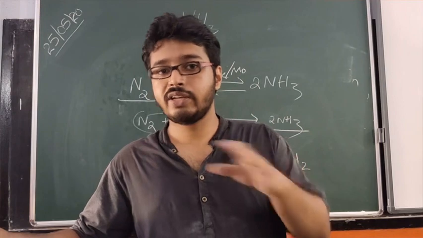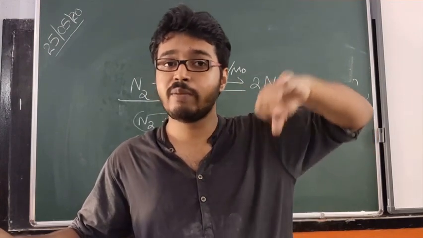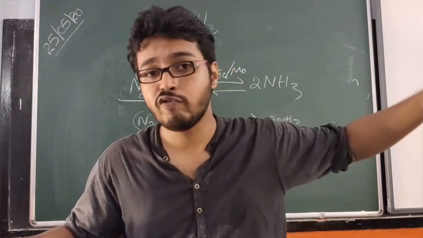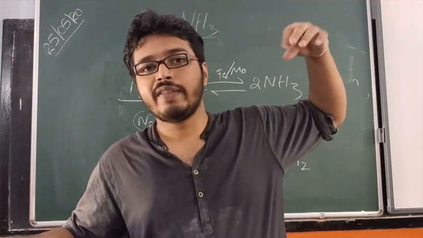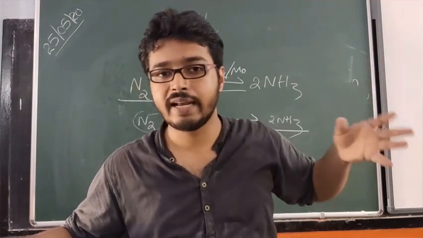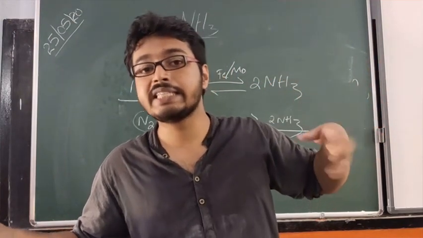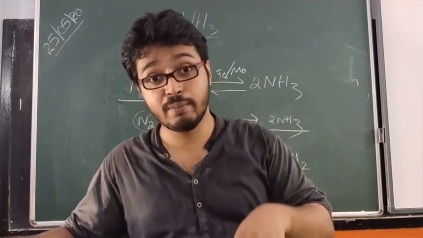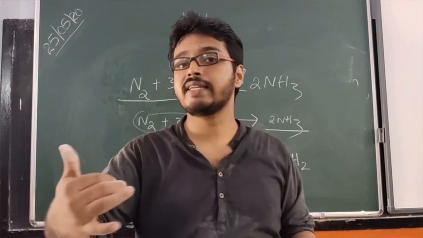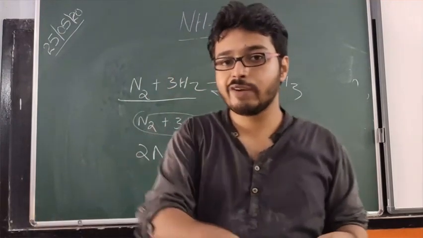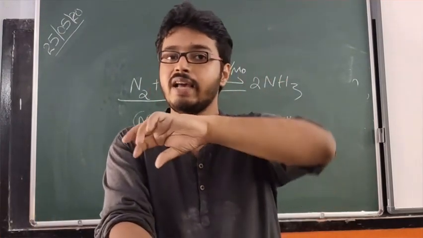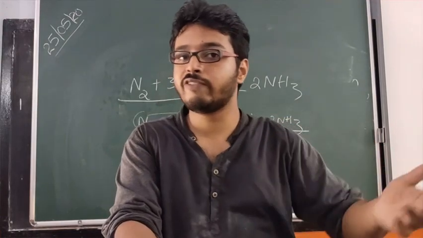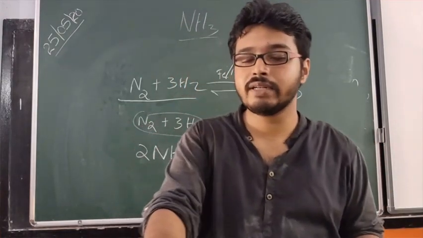There are certain conditions. If you add more reactant, more product will be formed. If the amount of ammonia inside the catalytic chamber increases, the ammonia will start to decompose into nitrogen and hydrogen. It will reduce the yield of ammonia. Because of that reason, ammonia is continuously removed from the catalytic chamber.